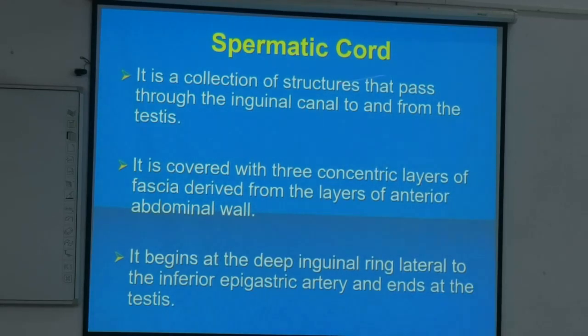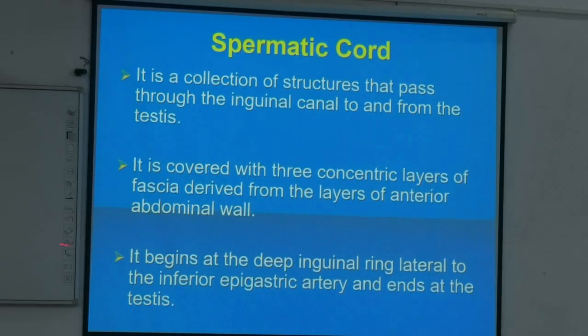How is it formed? Spermatic cord comes as a short note. Okay. So it is a collection of structures that pass through the inguinal canal to and from the testis. It is covered with three concentric layers of fascia derived from the layers of the anterior abdominal wall. It begins at the deep inguinal ring lateral to the inferior epigastric artery and ends at the testis.